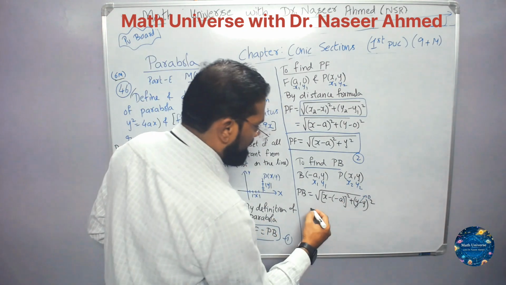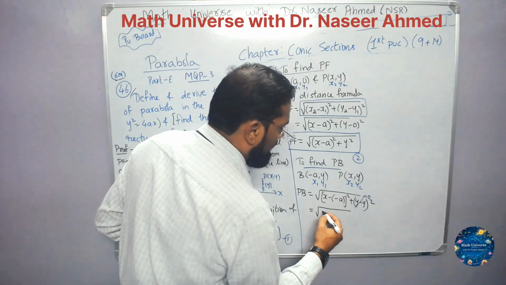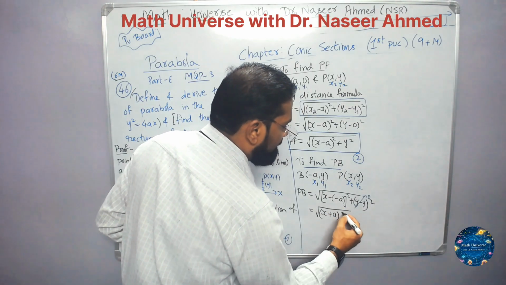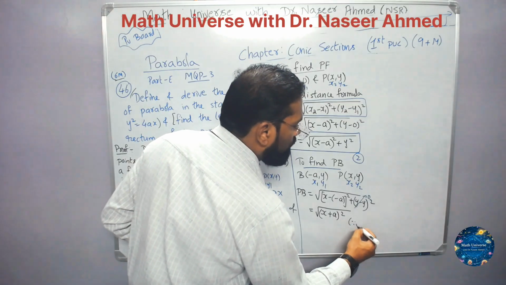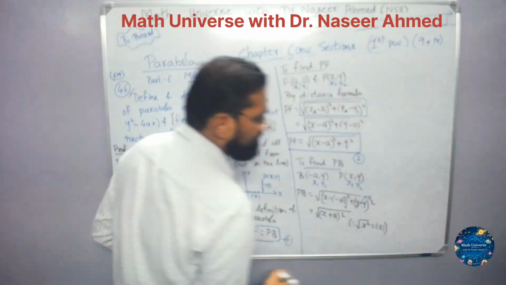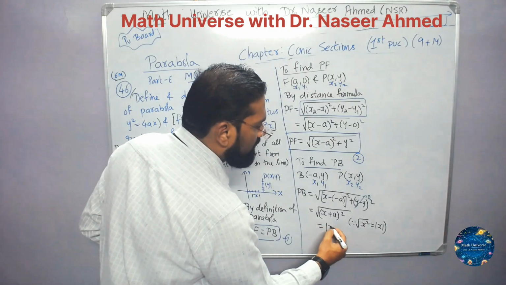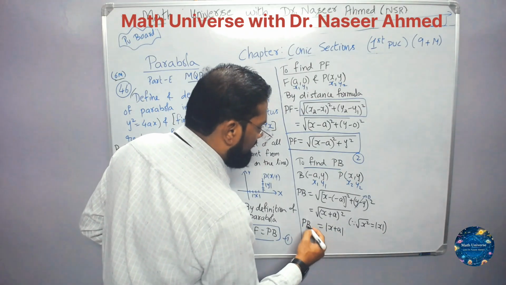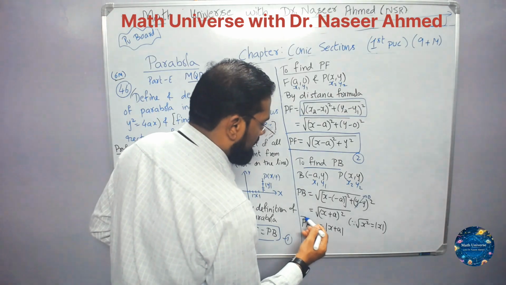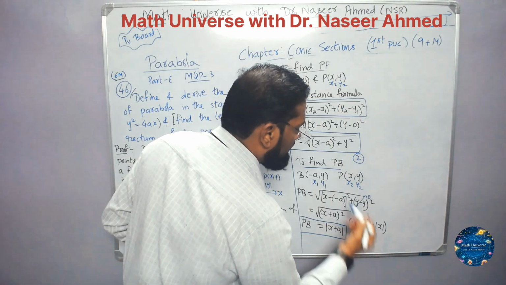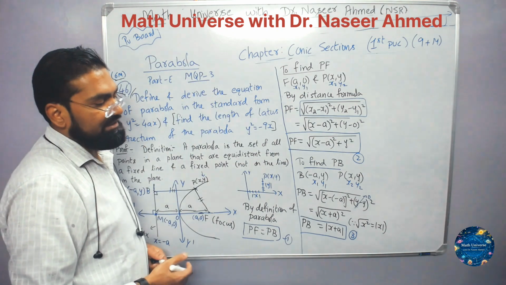Now the remaining will be the square root of (x plus a) the whole square. Now what is root of x square? It will be mod x. So this will be mod of x plus a. This is PB. This is our equation number 3. I hope this is clear.